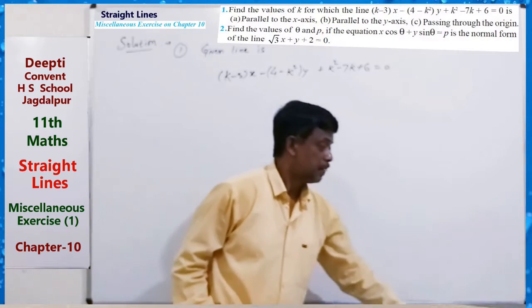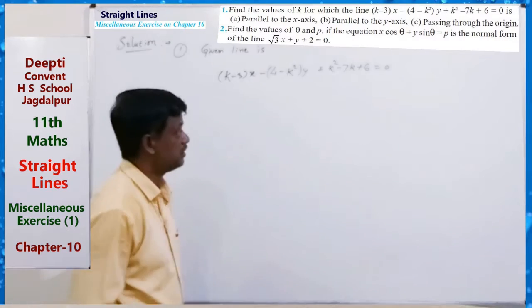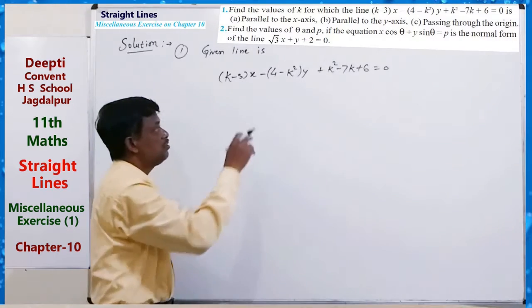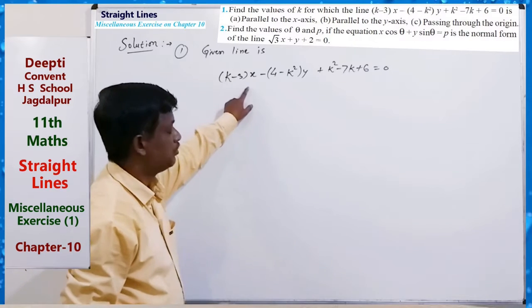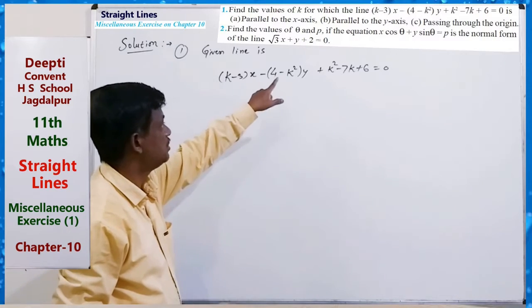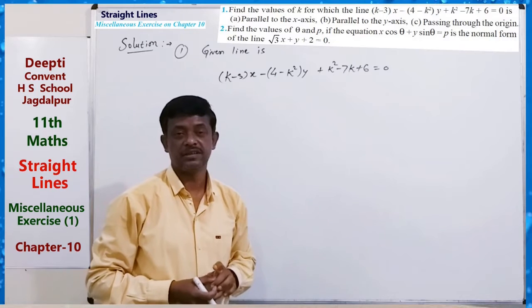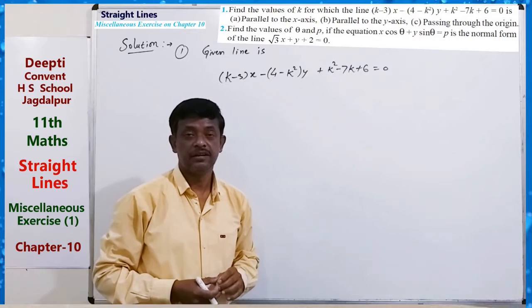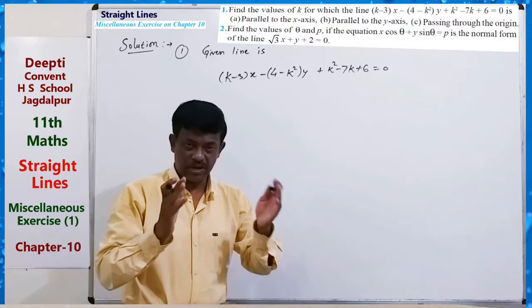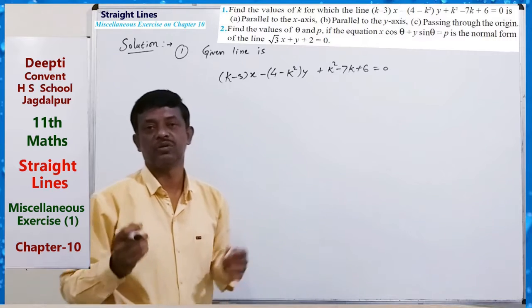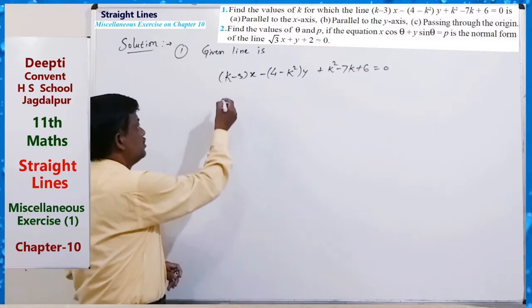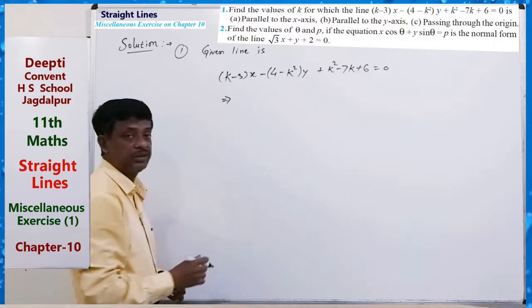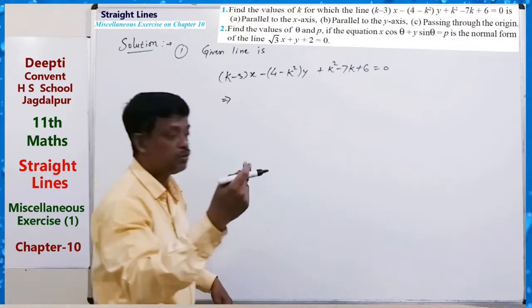First, the straight line is parallel to the x-axis. If it is parallel to the x-axis, then we know parallel lines have the same slope. So we can find the slope of this line by writing it in slope intercept form.